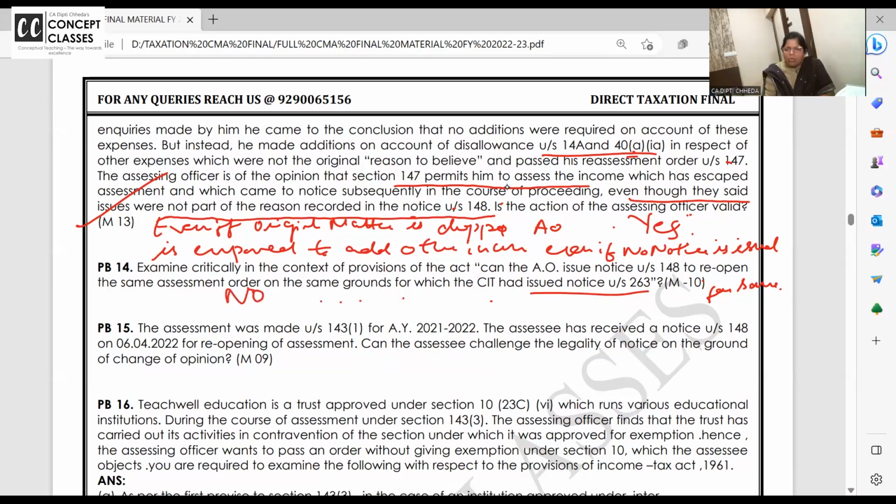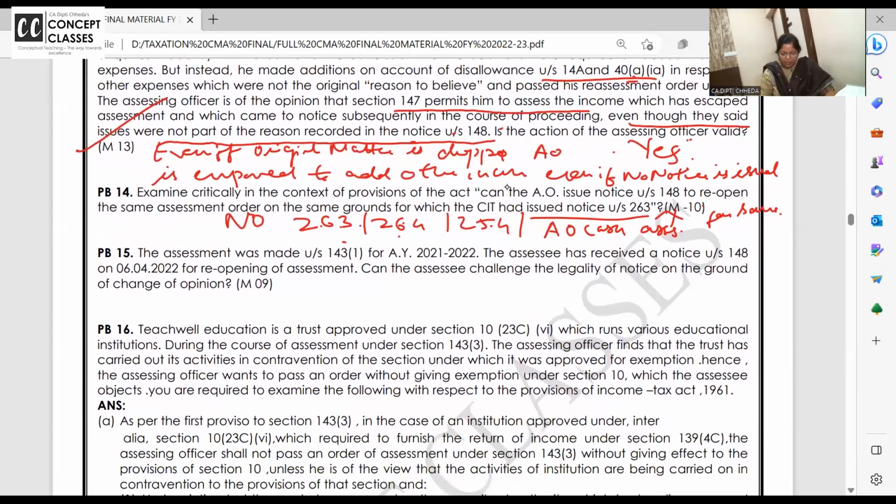Answer is no. Cases which have gone in 263, 264, appeals, 254, ITAT and all, they cannot be revised. The AO cannot assess this income in 148 if they have already gone to higher authorities. No. One line answer.